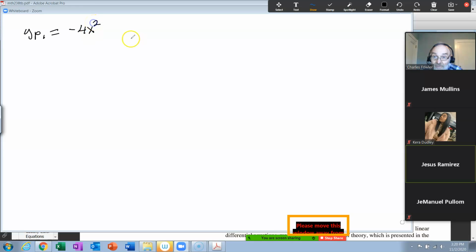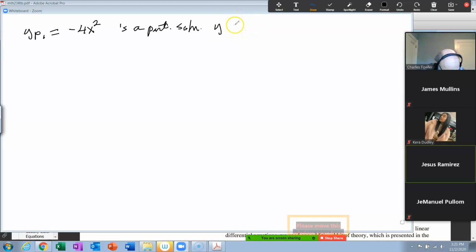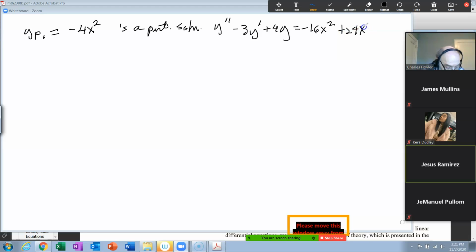That is a particular solution of this: y double prime minus 3y prime plus 4y is equal to 16 minus 16x squared plus 24x minus 8.